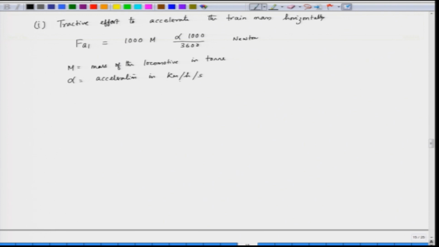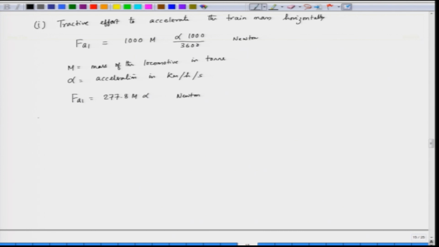If you want to convert into meter per second square, we have to convert kilometer into meter by multiplying with 1000, and we have to convert hour into second by dividing by 3600. So, F A1 is given by this. We simplify F A1 as 277.8 m into alpha, and the unit is Newton.